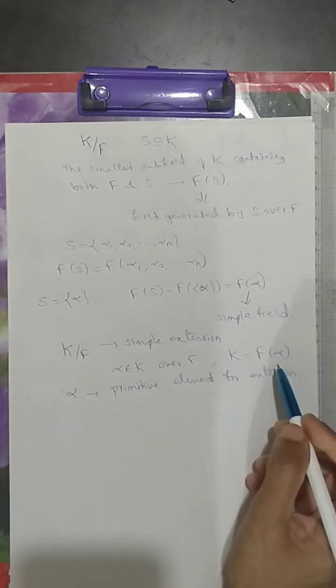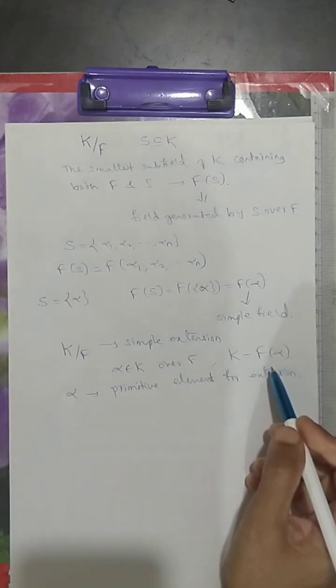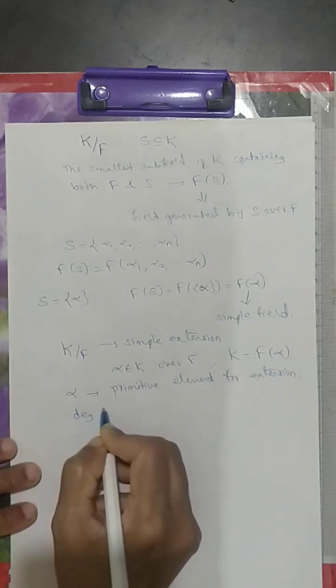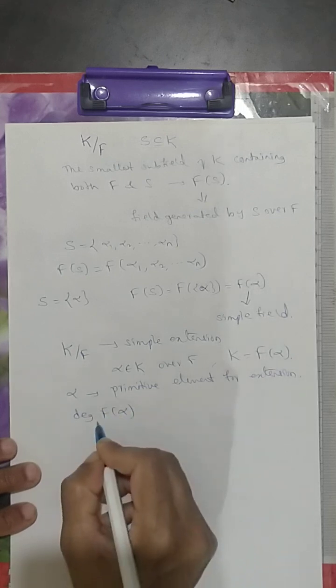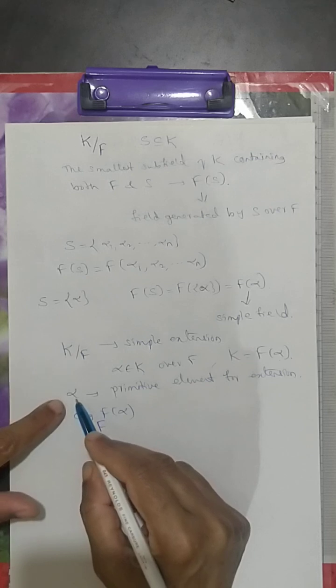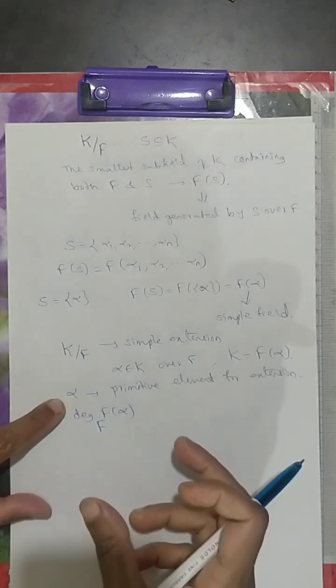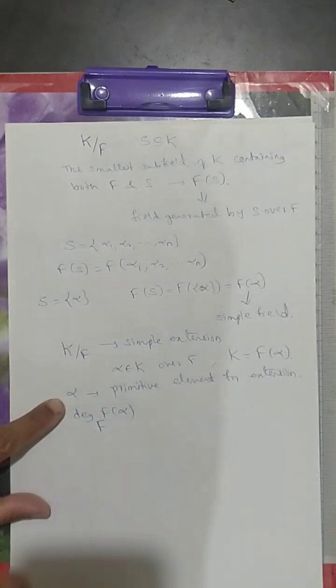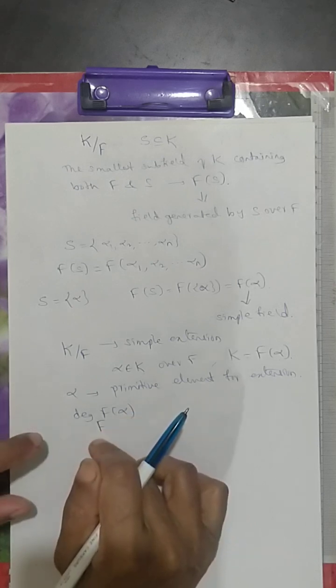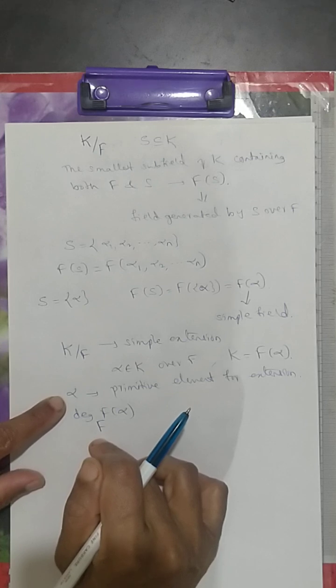Okay, so the size, or we call it the degree, of F(alpha) over the field F depends upon whether this alpha is a root of any polynomial over F or not.